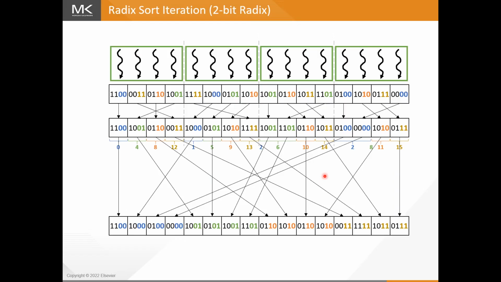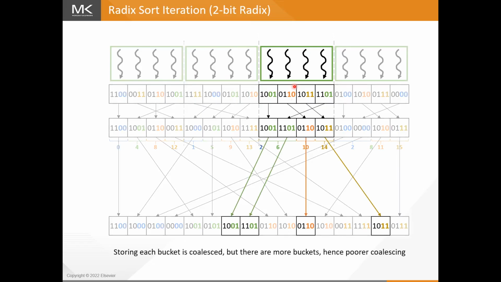Okay, great. And as you can see here, if you look at what one thread block is doing, our stores are coalesced because adjacent threads are going to be storing adjacent buckets from the shared memory to the global memory. Only the warps that fall on the boundaries between buckets are going to have uncoalesced accesses.